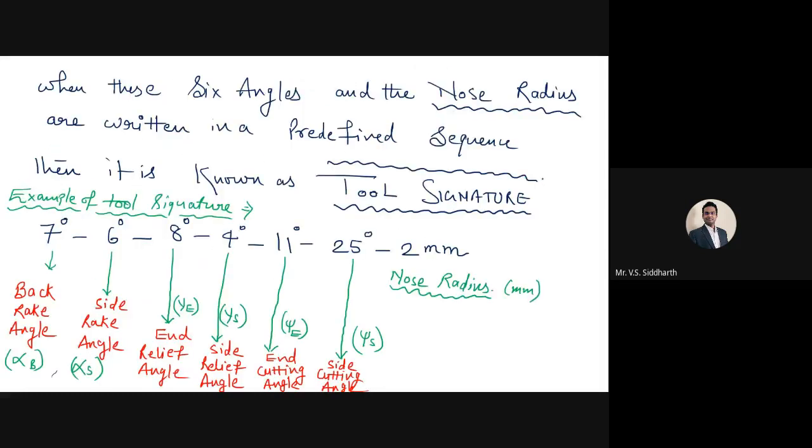Whatever tool signature that we have written here, which follows the order BS 2 times of ESN, this is basically written in ASA form only. This is ASA tool signature only. Okay.